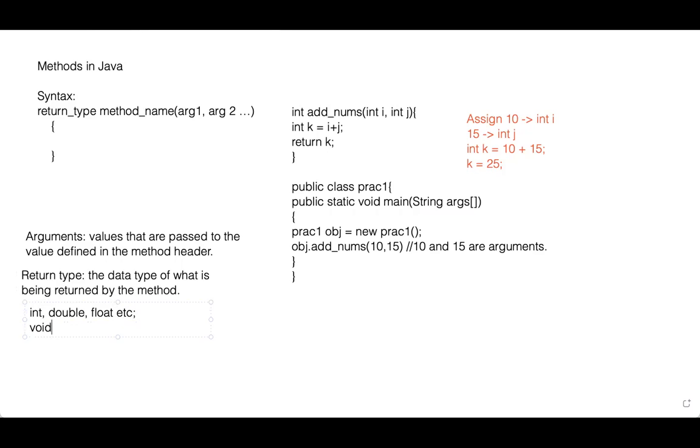Well, that means your return type will be void, which only happens when a method does not return a value. We'll get more into this in our example questions, but one of the most common examples of this is System.out.print. Since it's not actually returning a value, it's printing something, it doesn't have a return type. So your return type for this one would be void.